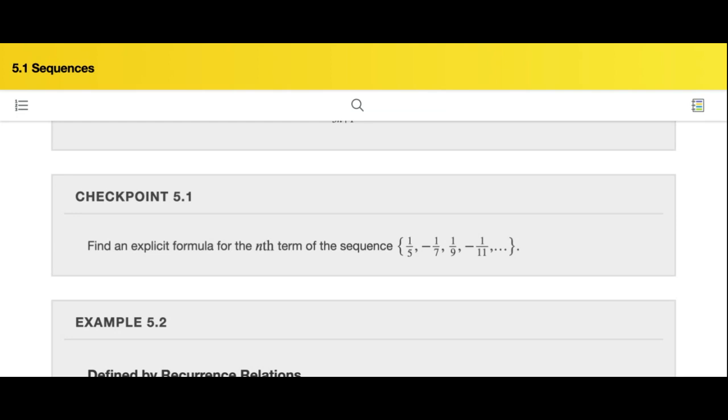I agree with Rajab's answer. Shahaya's is good. Yes, it's over 2n plus 3. Pretty good.